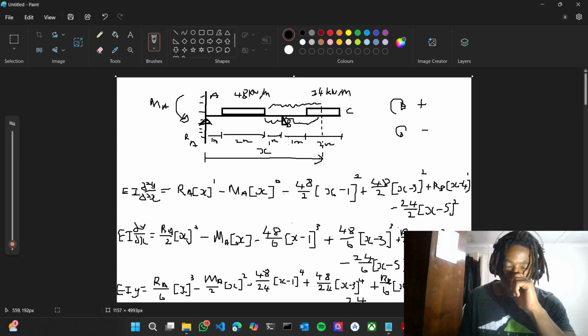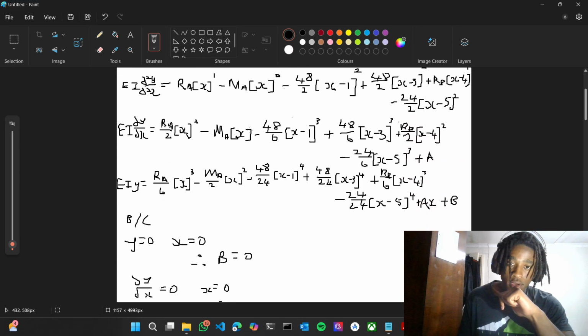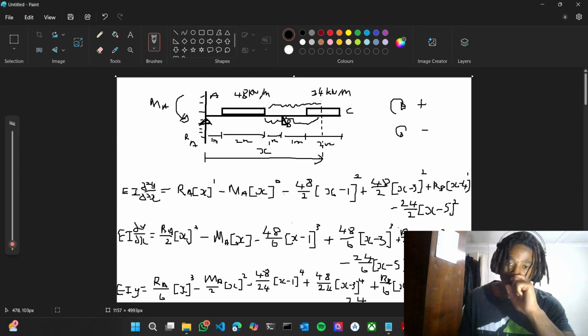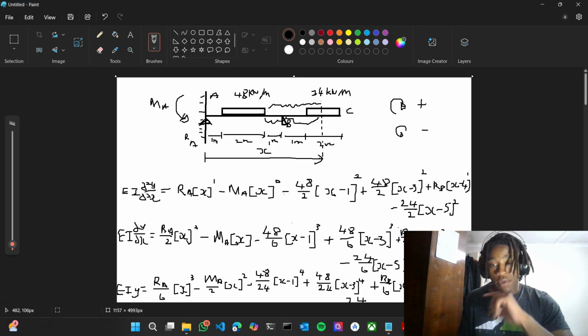Yeah. So then we add the UDL here. There's 48 kilonewtons per meter. Now, unlike the bending moment equation, we do not need to compensate this here.